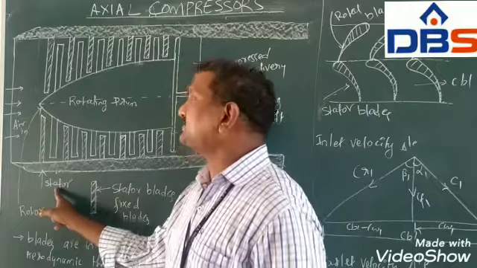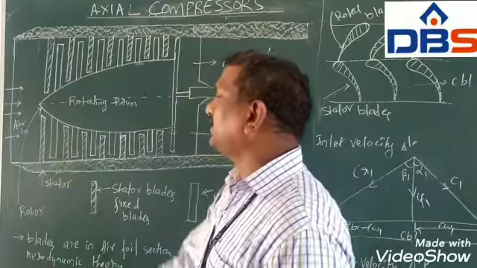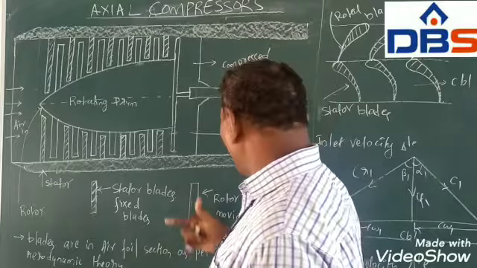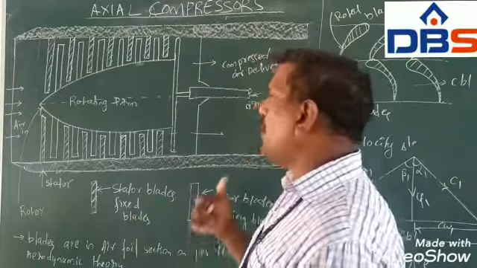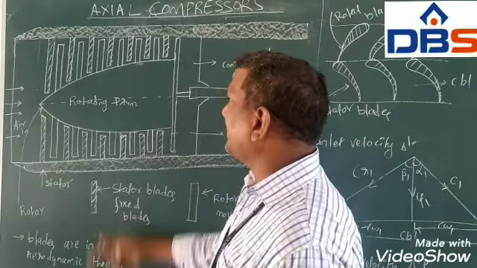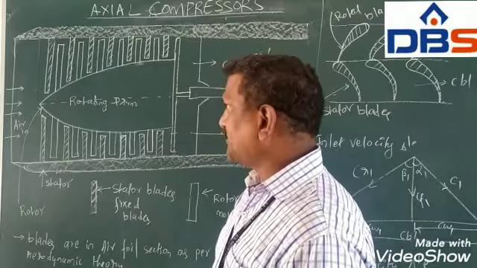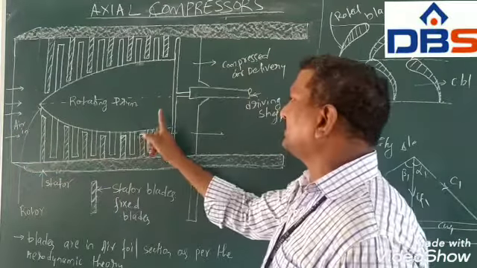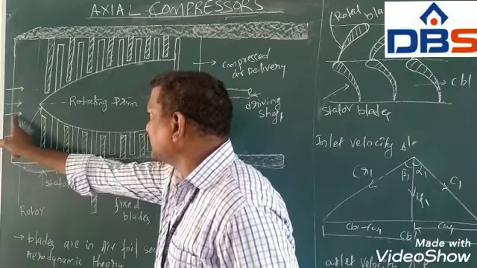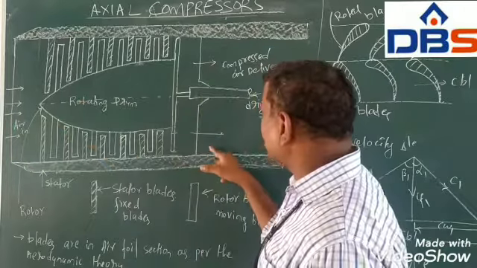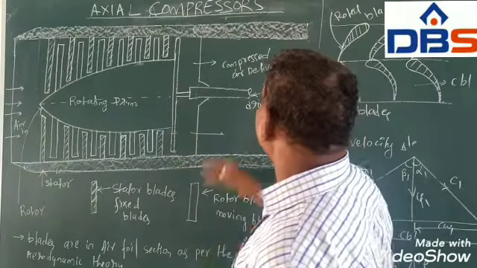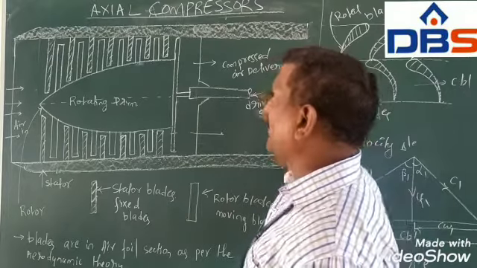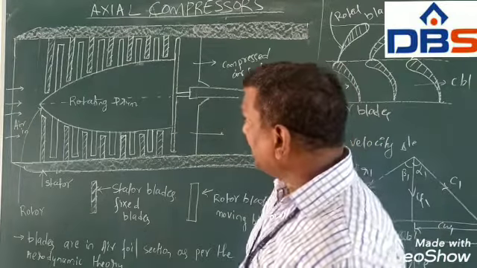Stator blades are fixed at one position, whereas rotor blades will rotate as the drum rotates. Air enters the compressor through the inlet section, and after compression, the compressed air is delivered and conveyed to the application point.